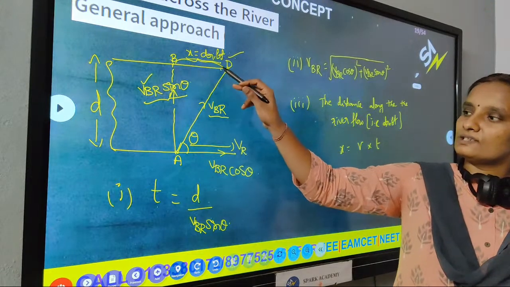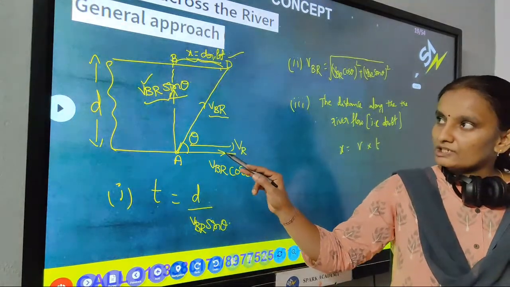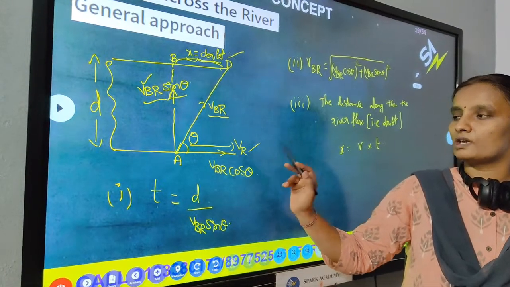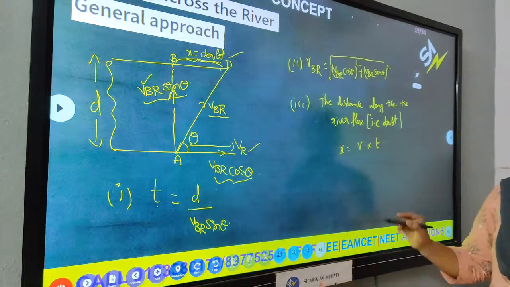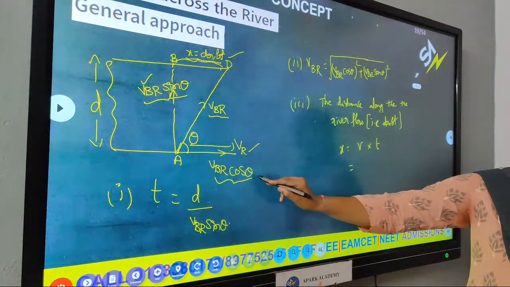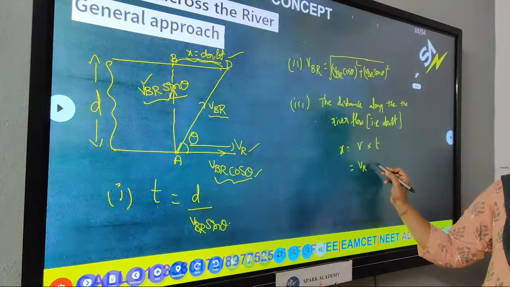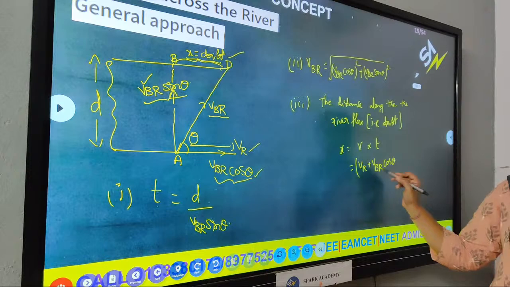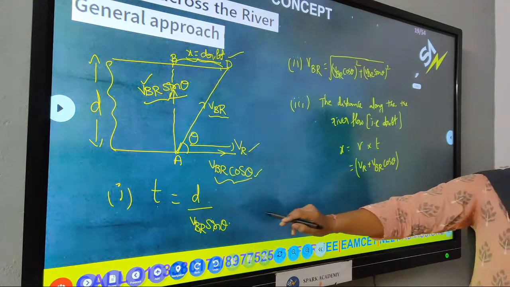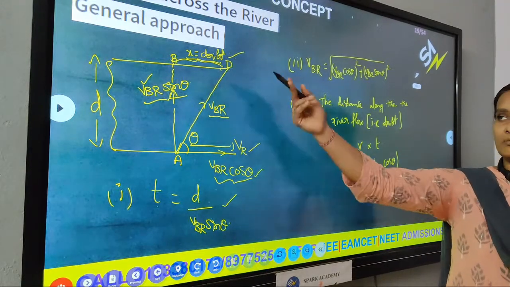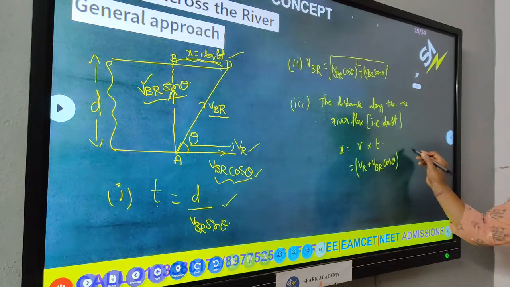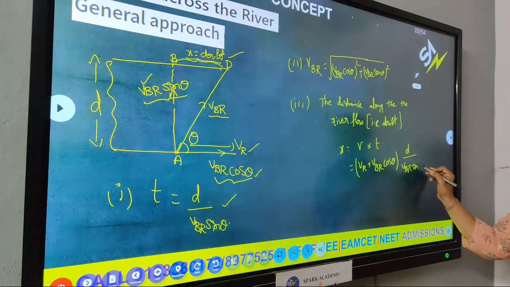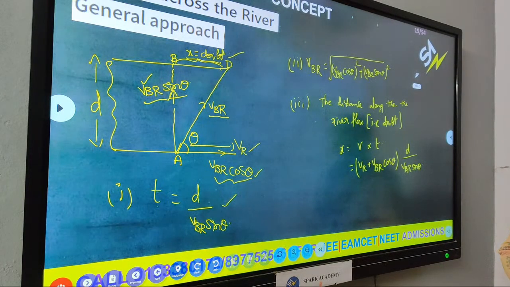Along this line, the speed with which he can travel is the velocity of the river flow and VBR cos theta. So total velocity is VR plus VBR cos theta, into time. Time is the time to reach the opposite bank, so we can write D by VBR sin theta. So this is the general approach.